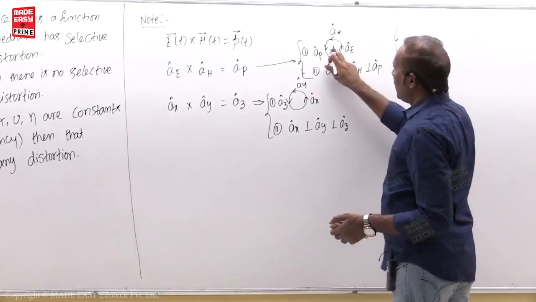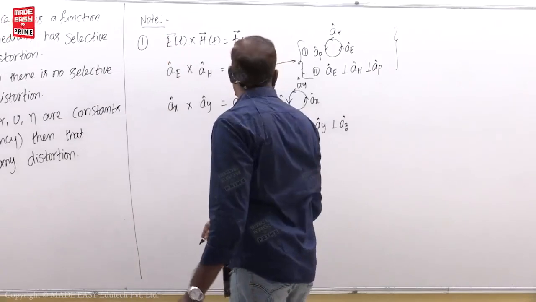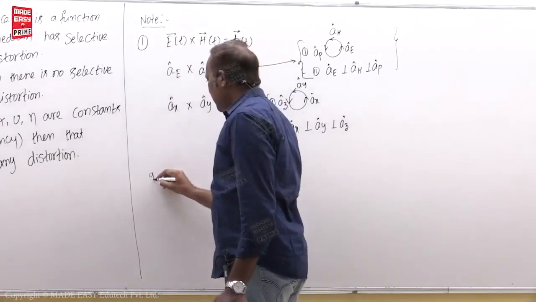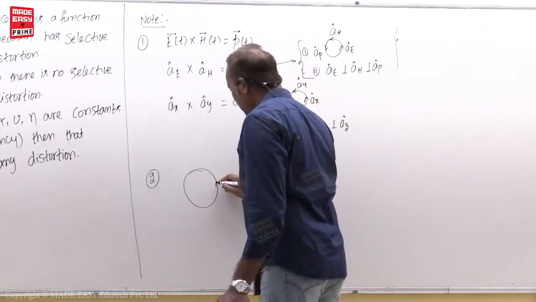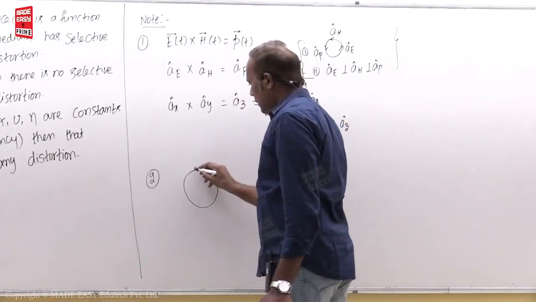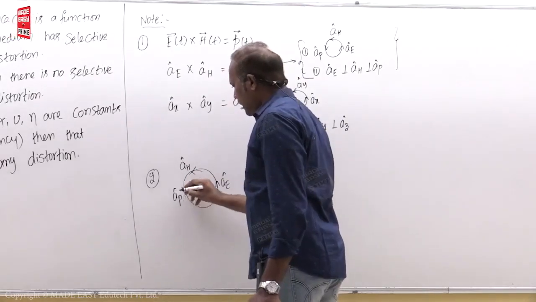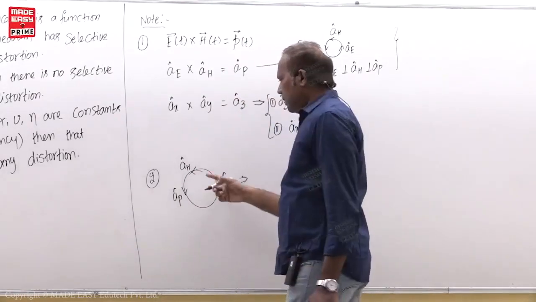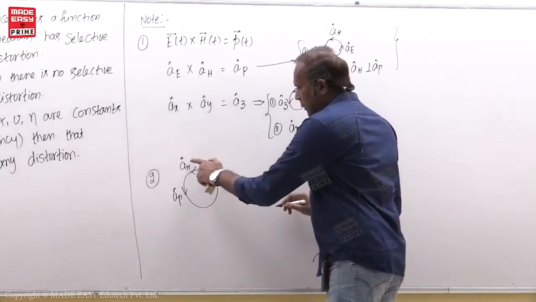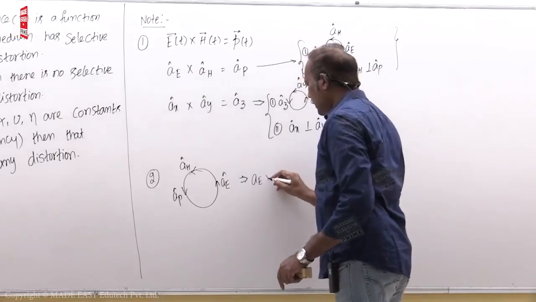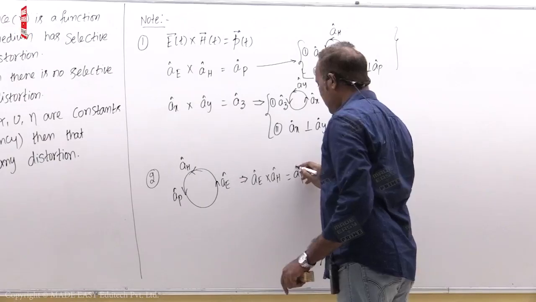Then, what is the meaning of this, dear students? So I am putting this as point 1. What is the meaning of this, aE and aH and aP? That implies if you take aE cross aH, then it gives the power flow direction.